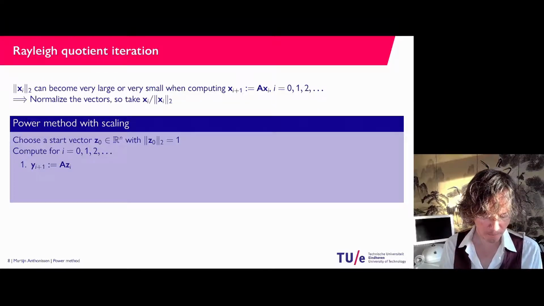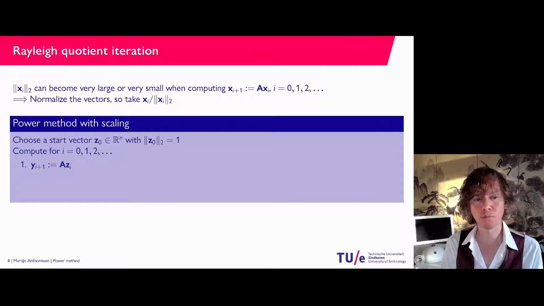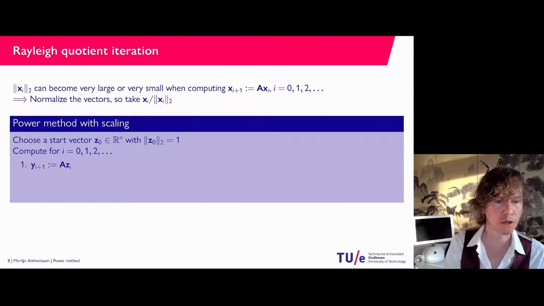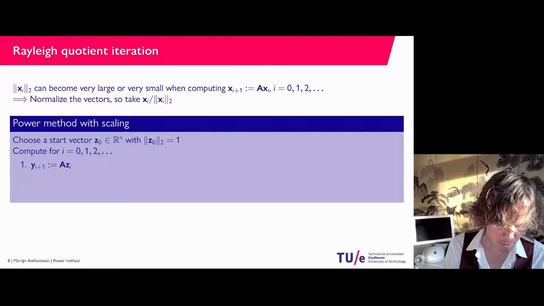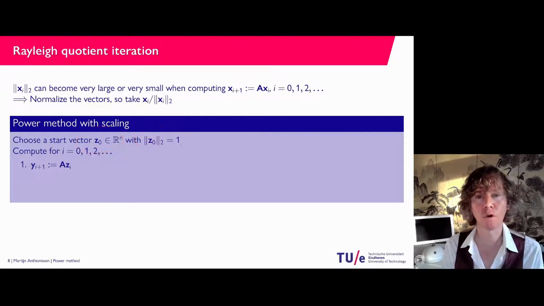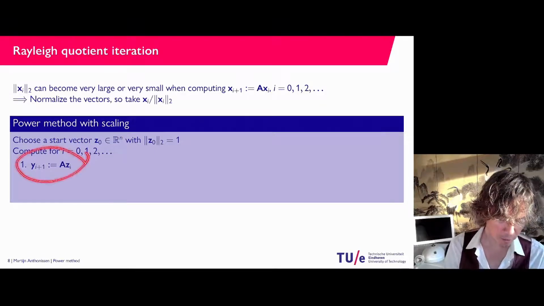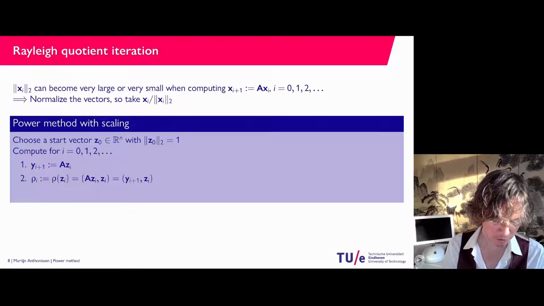And we get a new iteration basically, and the only thing that changes is that we introduce some scaling here. So the z's will be scaled, so z0 will have length 1. You could think of it as x0 divided by its length. Then we compute y_{i+1} as A times z_i.